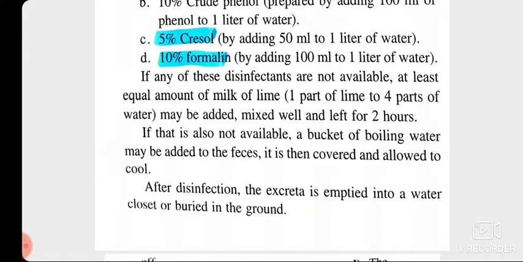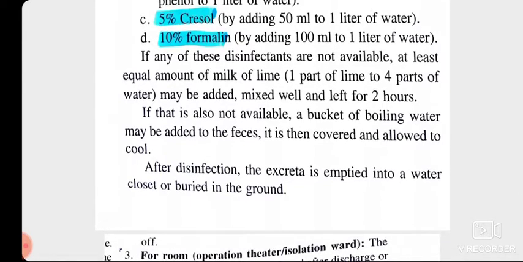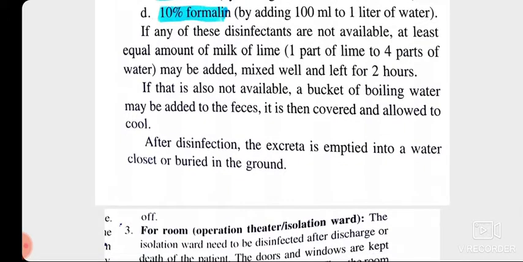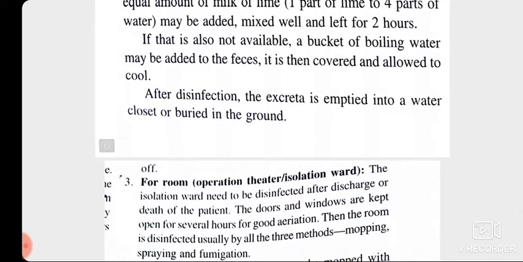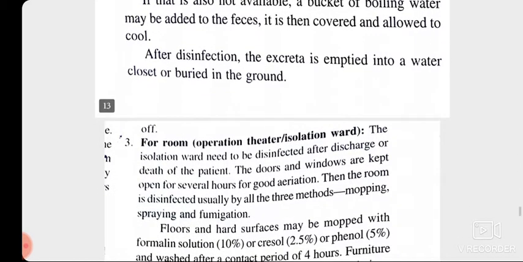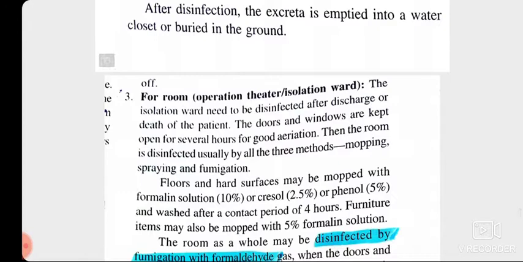If this is also not available, we can use boiling water, added to the feces, covered and allowed to cool. After disinfection, the excreta is emptied into a water closet or buried in the ground. In this way, excreta and urine should be disinfected after disposal.